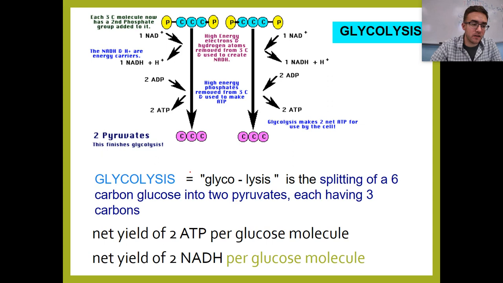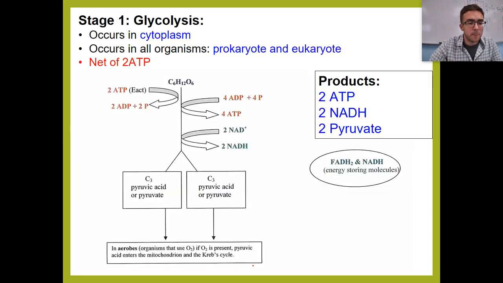And those 3-carbon molecules we call pyruvate. So glucose gets split in half, so we go from 1 6-carbon molecule to 2 3-carbon molecules that we call pyruvate. And throughout this process, we're going to get 2 ATP and we're going to get 2 NADHs. And we're going to talk about that.